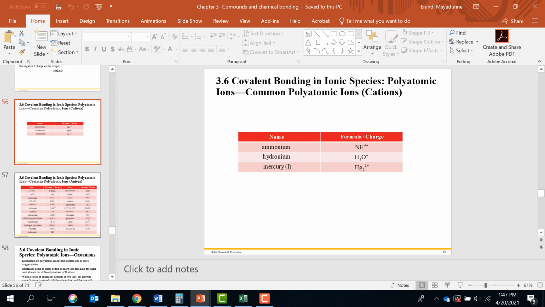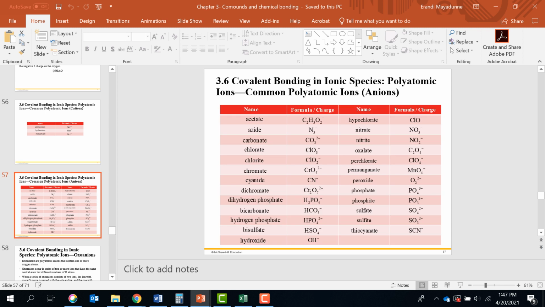And then I have some common anions. Mostly polyatomic anions are common. Carbonate, you don't have to memorize it. You can bring this chart to the exam at this level. Carbonate, chlorate, chromate, cyanide, dichromate. I'm pretty sure you have heard about nitrates, right? Nitrate is NO3 minus, nitrite is NO2 minus.